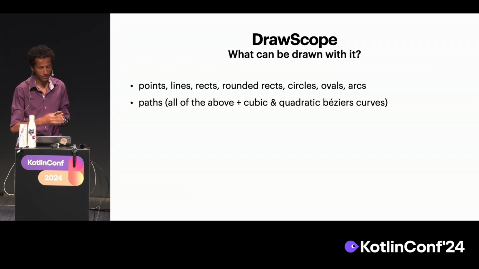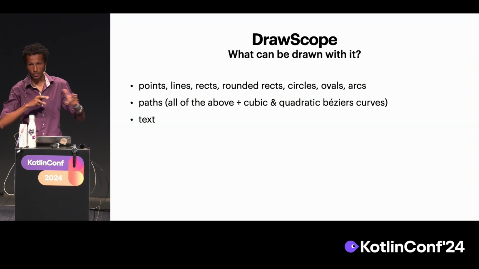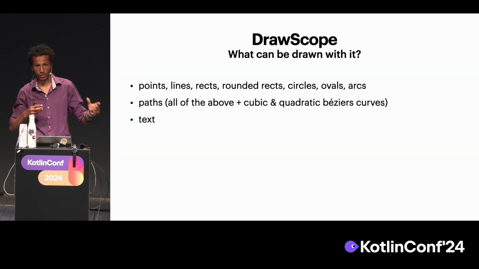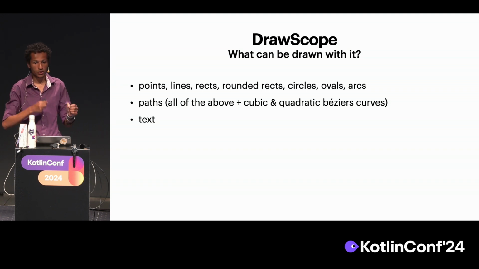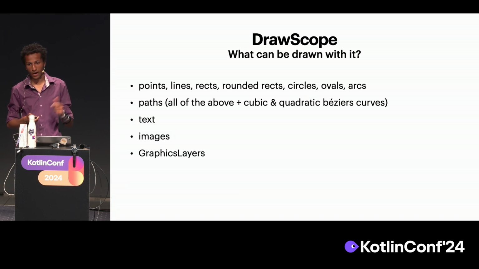If you go very deep, it becomes hard, but you don't have to. Basically, you take 3 points, and curves come out of those 3 points. So you just test, and you find something. You can draw text as well, images, and graphics layer, which I will talk about later on, but don't worry, it's not something super hard.